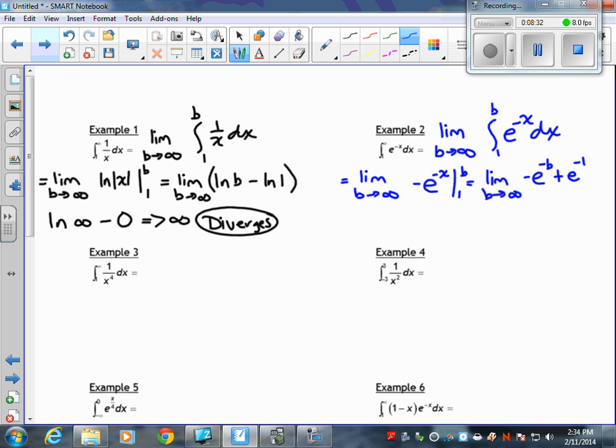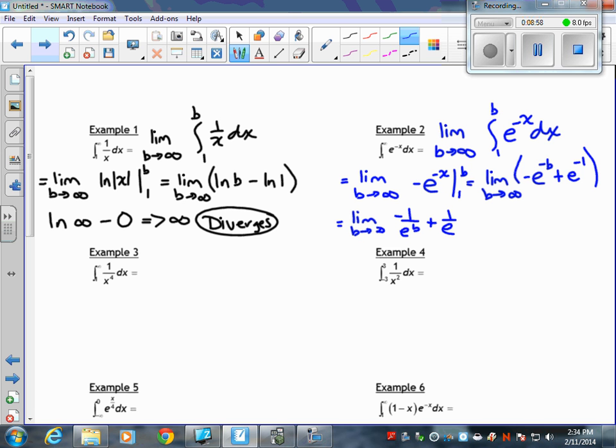And when I get here, I don't really like negative exponents very well, so I'm going to turn each of these into fractions. And my negative exponent tells me I really have that first term is 1 over e to the b. So my limit continues along. I have a negative 1 over e to the b. The second thing is 1 over e.